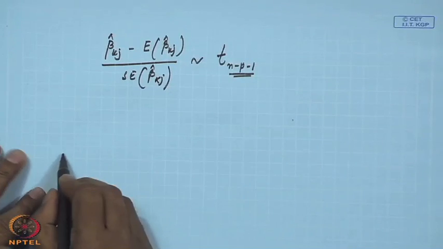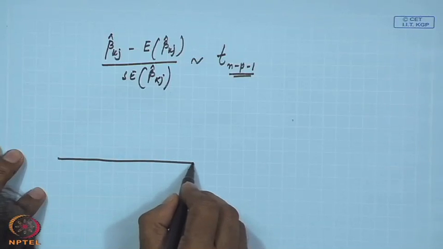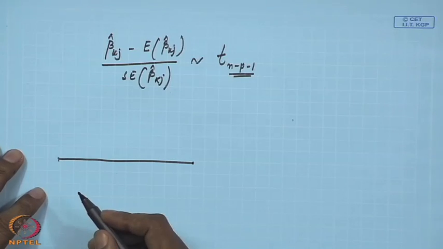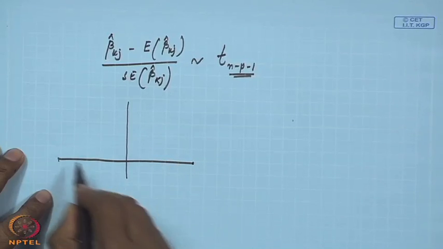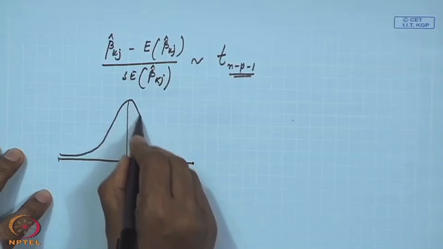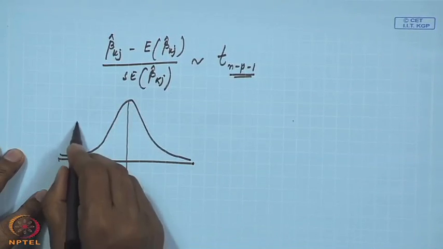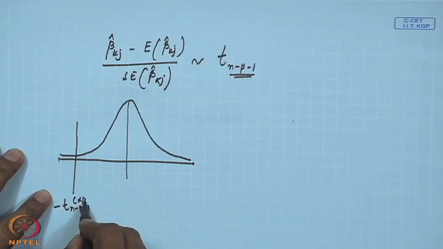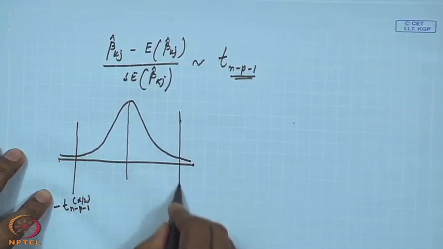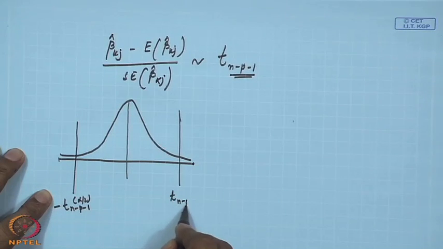Okay. So I think this does not require discussion here, because if you follow my earlier lecture on MLR, you will be able to find out that the same thing applies. So what I mean to say, suppose this one is minus t with n minus p minus 1 and alpha by 2, and this one is t with n minus p minus 1 and alpha by 2.